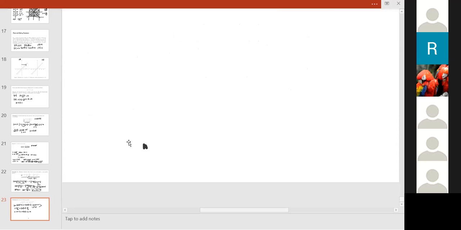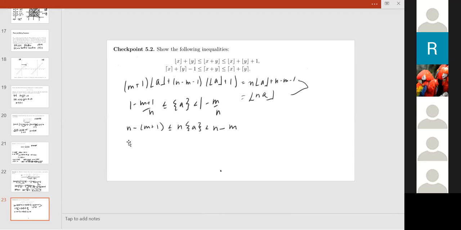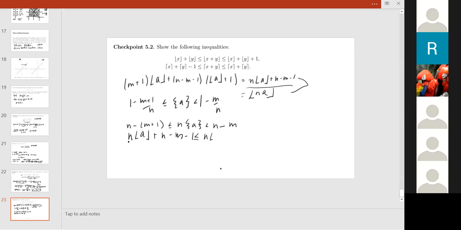Using this, we get that n times the floor of a plus n minus m minus 1, which is this quantity, is less than or equal to n times the floor of a plus n times the fractional part of a. And this is equal to na because a is equal to the floor of a plus the fractional part of a.